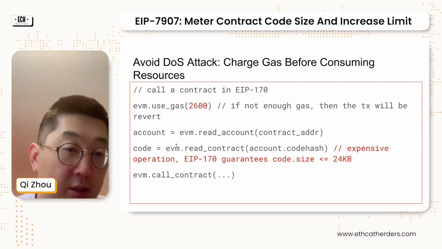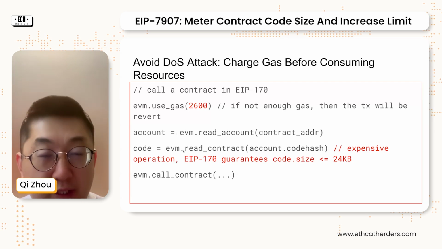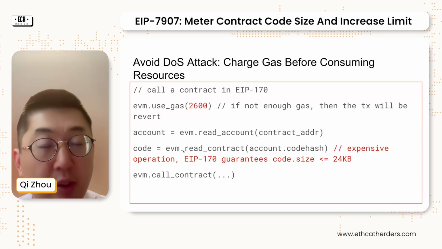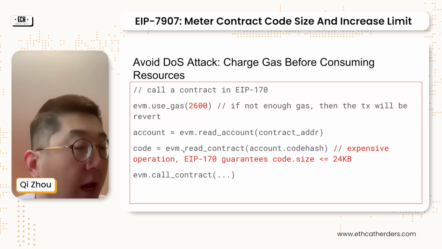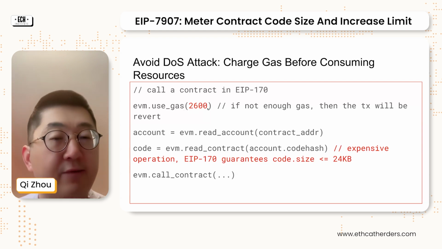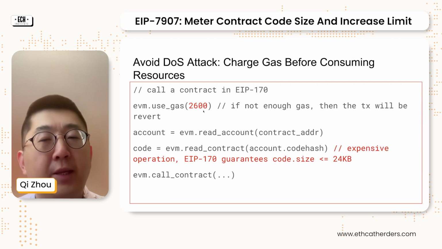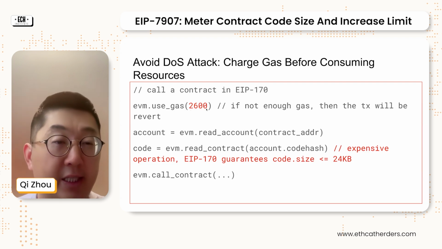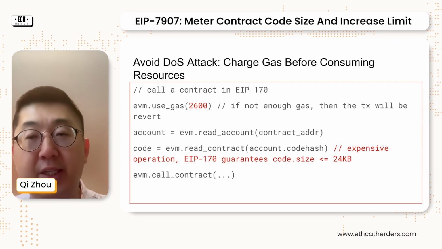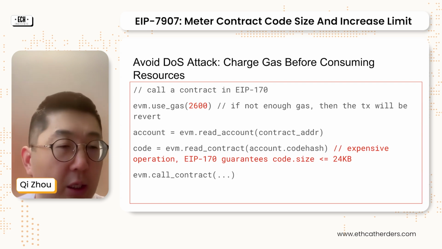For any step, for example calling a contract, before doing any resource-expensive operations, for example reading the contract or doing jump destination analysis, we will charge the gas first, which is 2,600 as I explained before. And after the gas is charged, if there's not enough gas, then we will just revert the transaction and say, hey, there's an out of gas error.